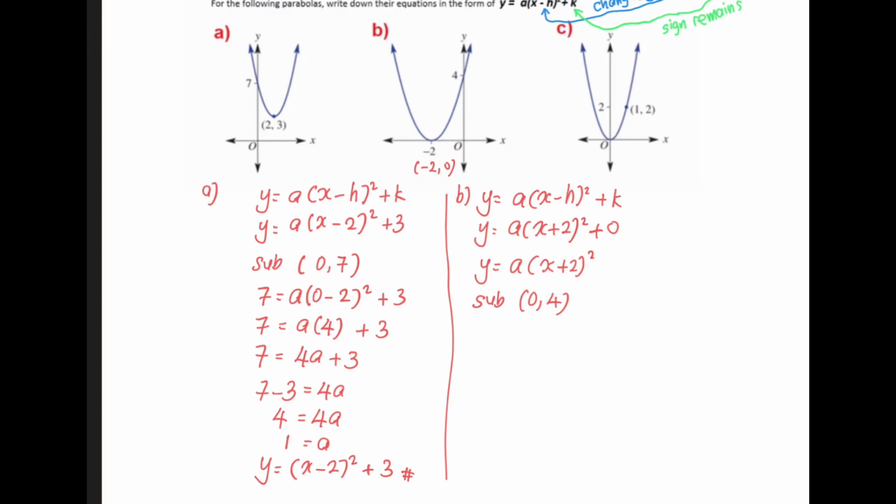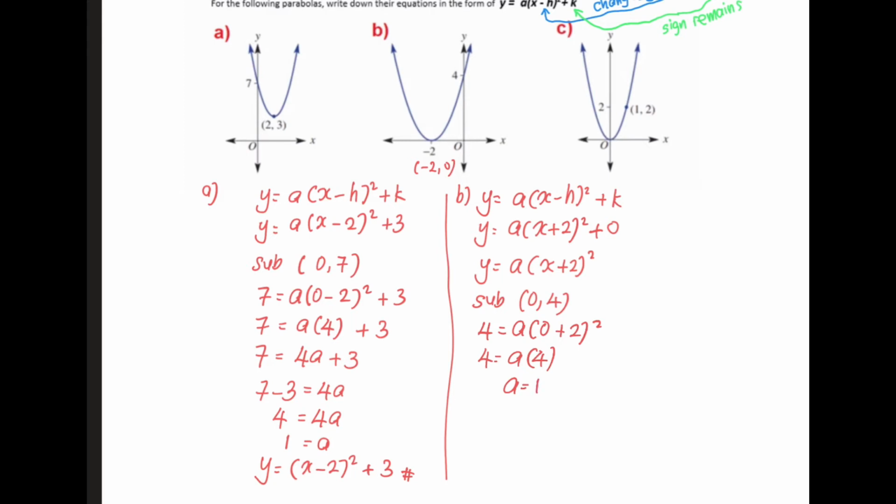When we substitute, just remember the y is 4. a is the unknown. And then x is 0. 0 plus 2 squared. We count the bracket: 0 plus 2 is 2. 2 squared is 4. So a equal to 4 divided by 4 is 1.